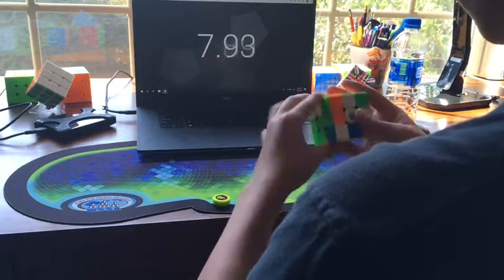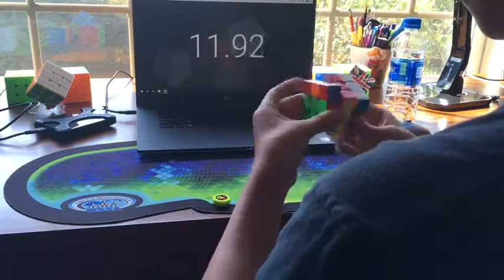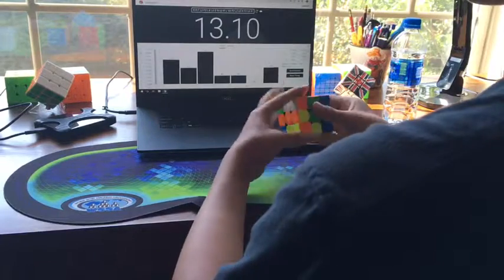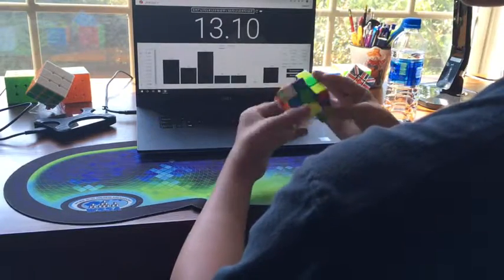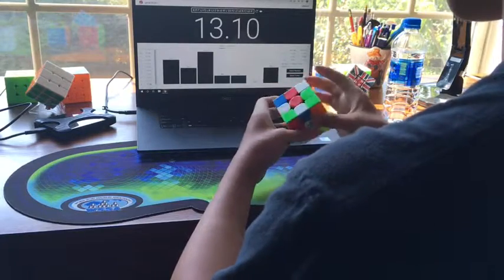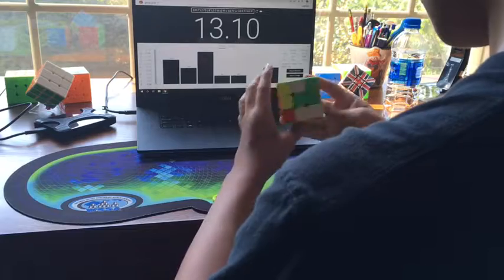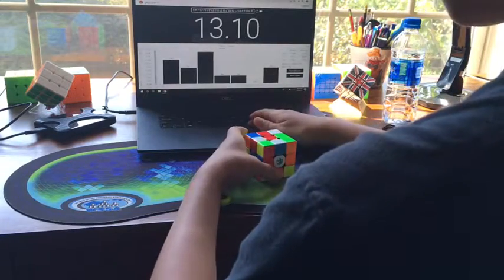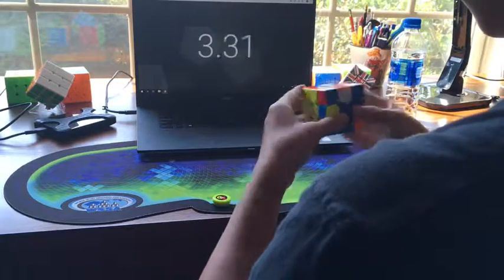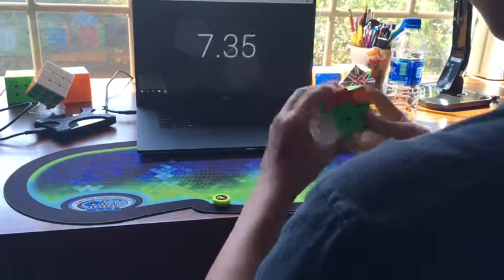With Roux, the look ahead is harder, since with CFOP, you have a blind spot at the back of the cube, and with Roux, this blind spot is solved later on rather than earlier on, if that makes any sense.